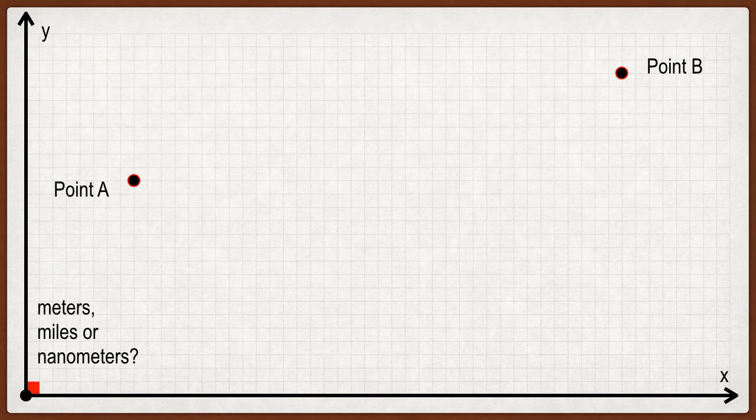The thing about that choice is, it depends on what you're studying. If you're studying human beings in motion, then meters is not bad. Meters per second. Walking 2 meters per second, that's a walking pace.